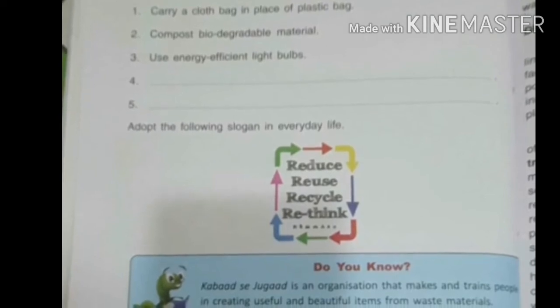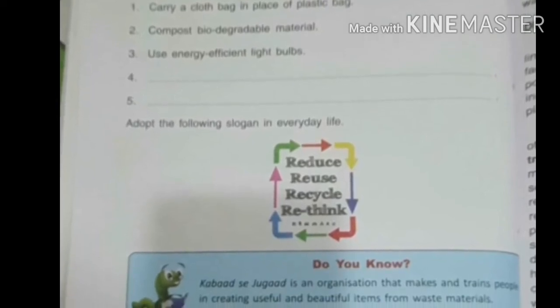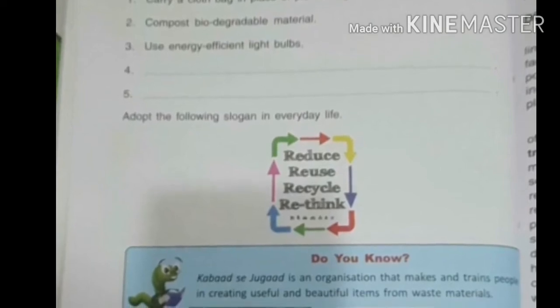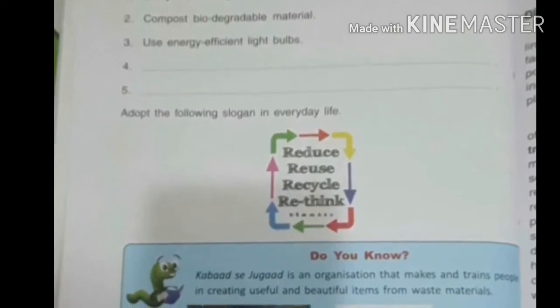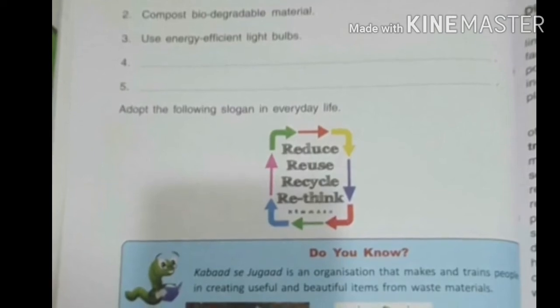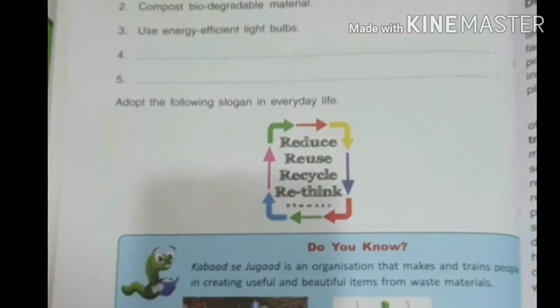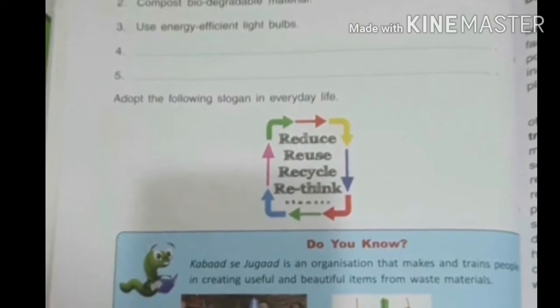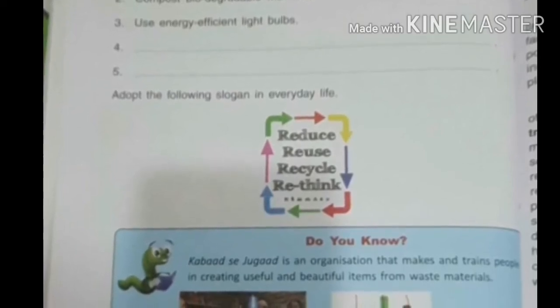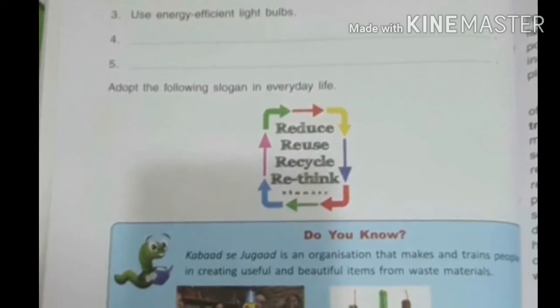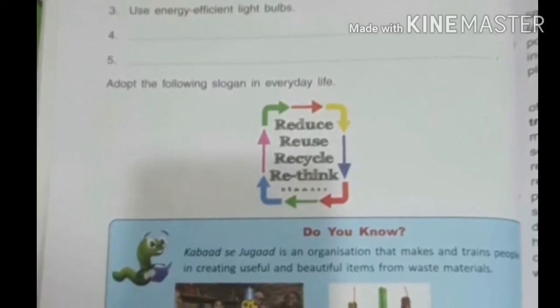Second way, you can convert your vegetable peel and fruit peel into compost, which you can use for your plants. Use energy efficient light bulbs like CFL. You can use CFL instead of other bulbs. In this way, we can reduce waste.